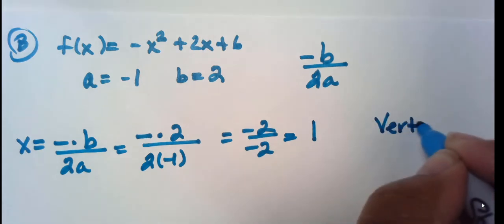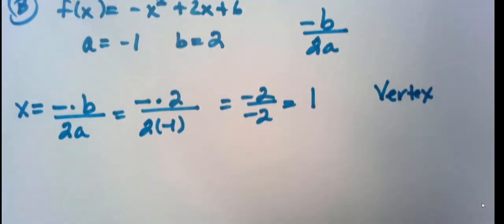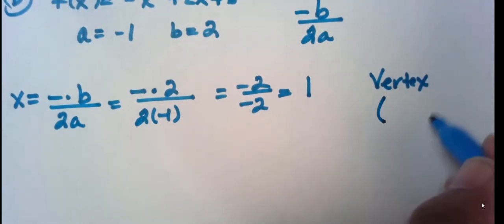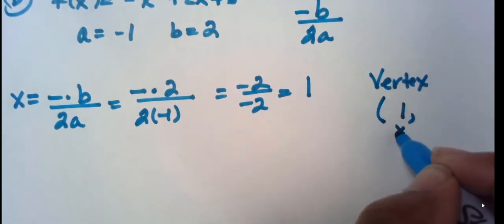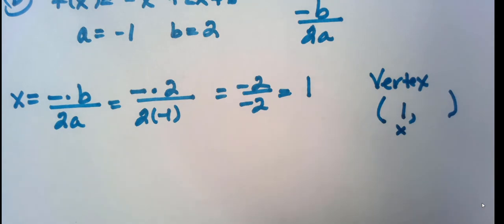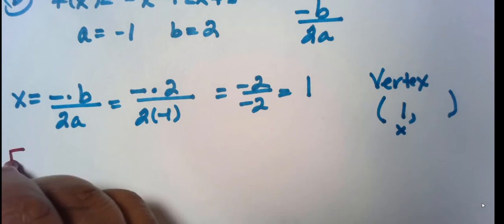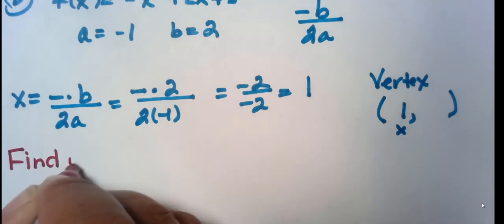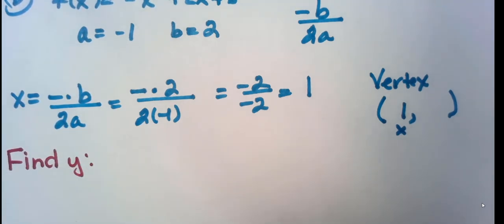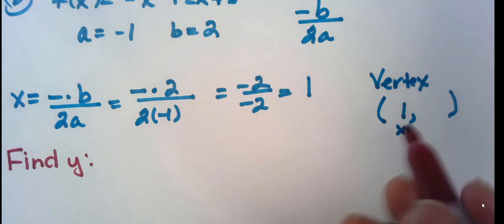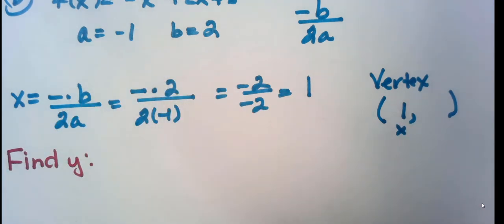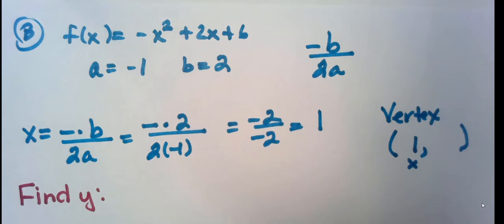So for our vertex, our x coordinate is 1. Now we want to find the y coordinate. How are we going to find the y coordinate? Well, we're going to substitute 1 in for x back into the original equation.